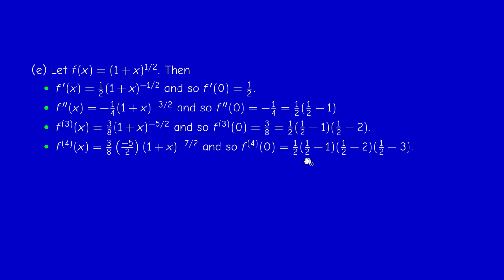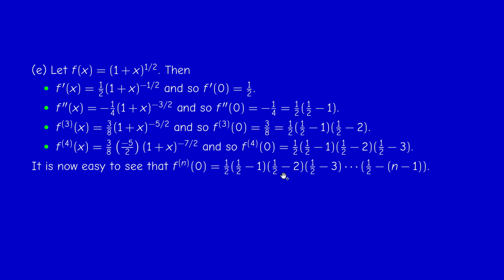So this is the pattern: 1/2 minus 0, 1/2 minus 1, 1/2 minus 2, 1/2 minus 3. Right? And I should divide by 4 factorial now. So it's easy now to see that the general term is 1/2, etc., up to, so each time I subtract a bigger integer, up to n minus 1. So from 0 to n minus 1. So there are n terms here. And we divide by n factorial, and that's it.